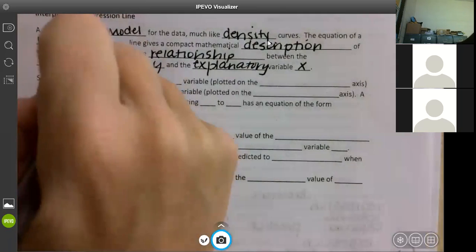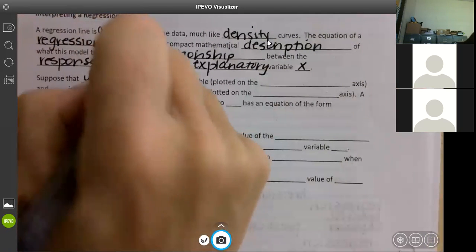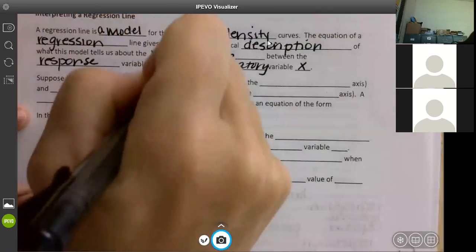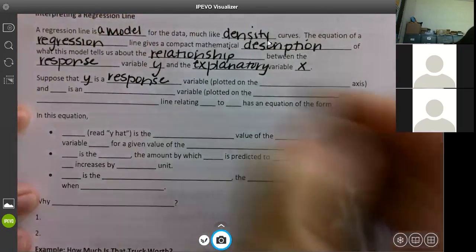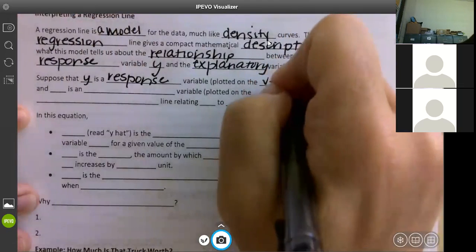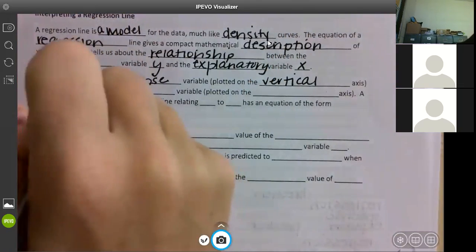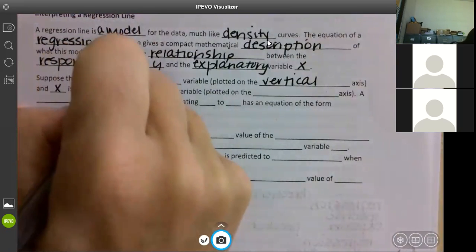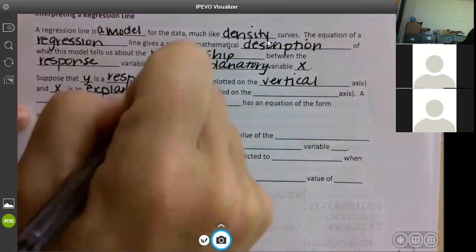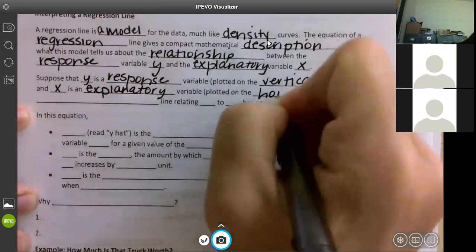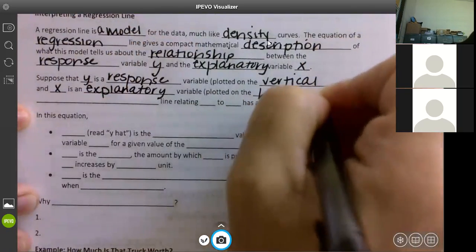Suppose that y is a response variable that's plotted on the vertical axis. You already know that. And x is an explanatory variable plotted on the horizontal axis. That's where x and y go.